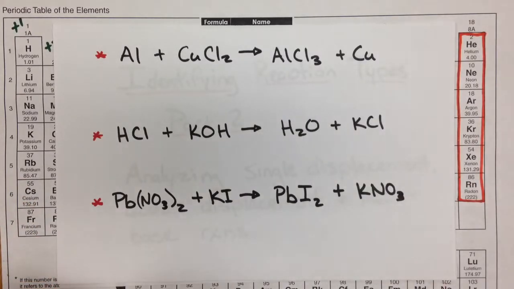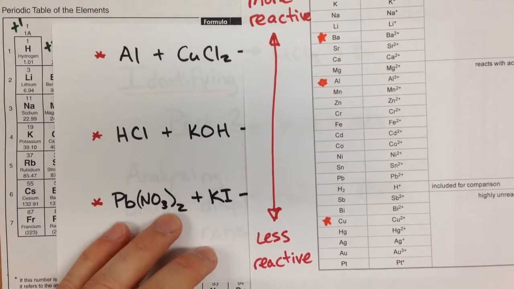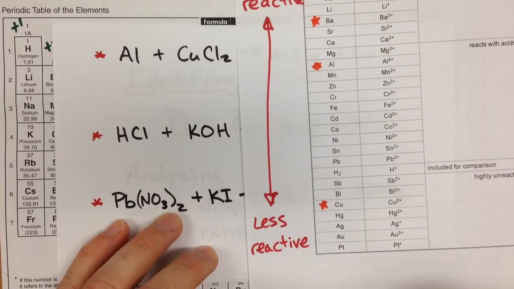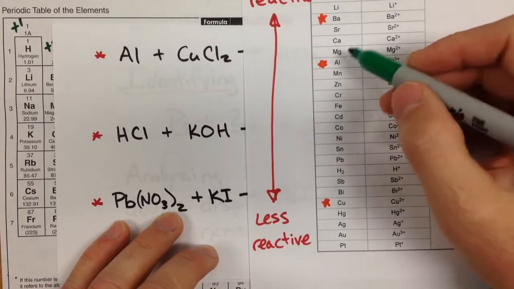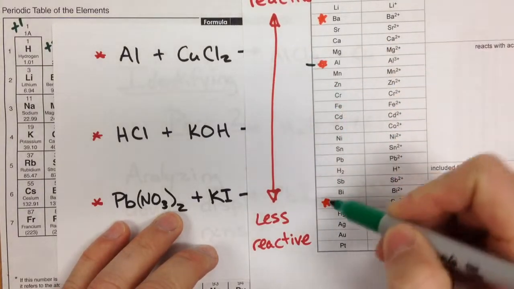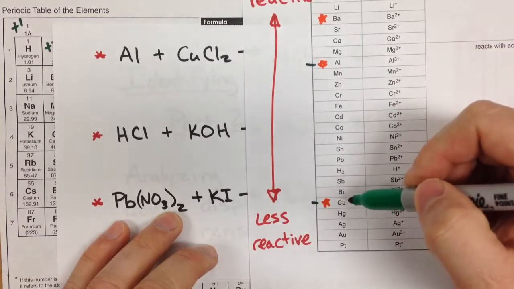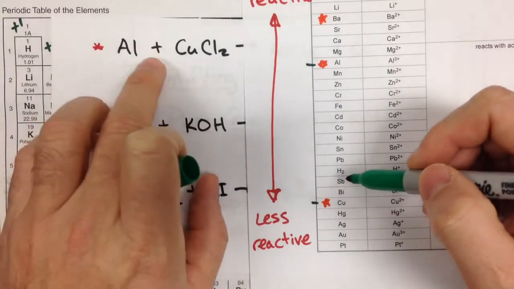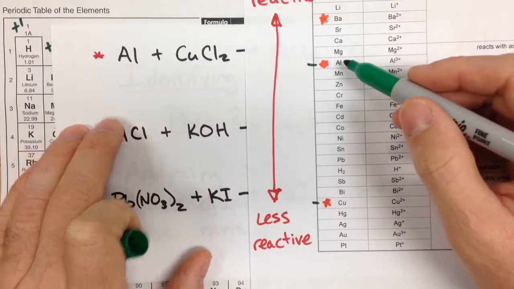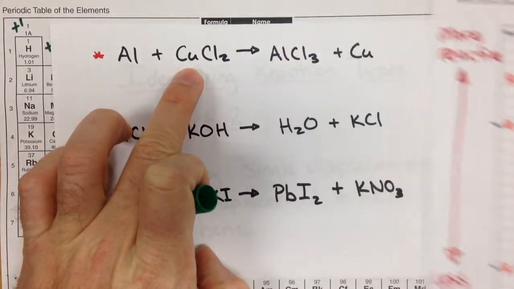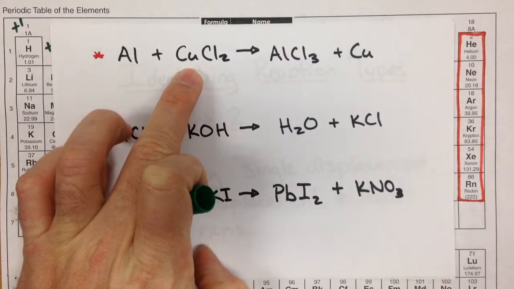So let's check our activity series. And when we look at our activity series, if you remember when I went through, the first example that I gave you was aluminum and copper. And we already saw that aluminum is way more active than copper. So this reaction will definitely happen. Aluminum will definitely replace copper in this chemical reaction.